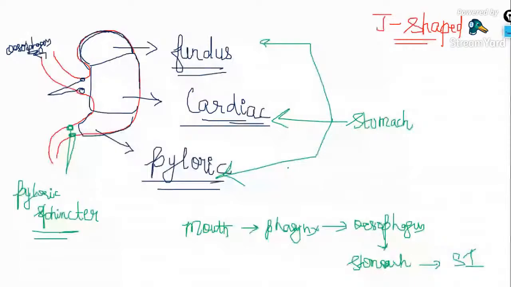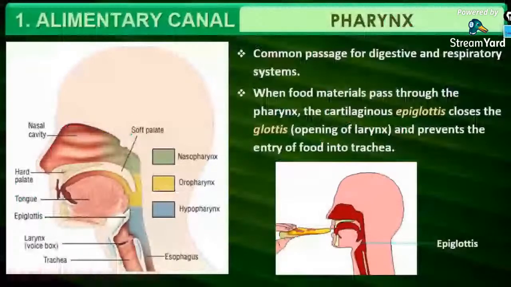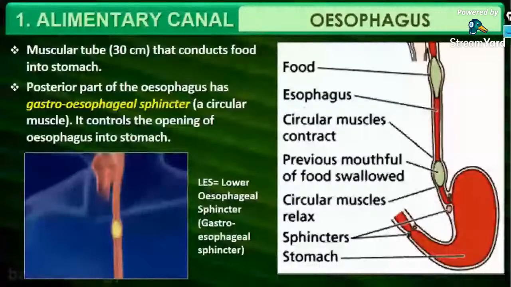So guys, repeat to me on the chat box, what are the different parts of the stomach? In order, you have to refer: fundus, cardiac and pyloric. There's a small portion named the body.